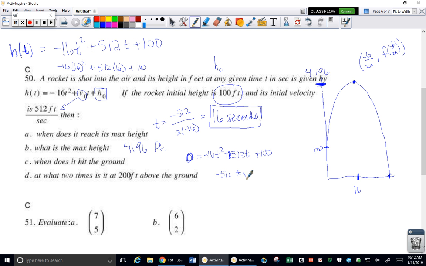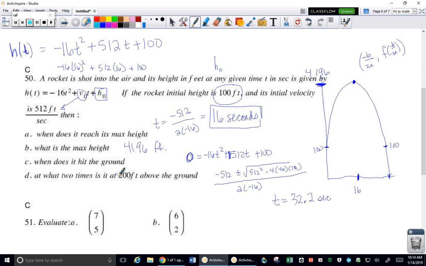Negative b plus or minus the square root of 512 squared minus 4 times a times c, all over 2a. So I'm going to pause the video and put this into my calculator and see what we get. Okay, I get a t value of 32.2 seconds. Which makes sense because at 32 it would have been once again at 100 feet, and then a little bit past that is when it's going to hit the ground.